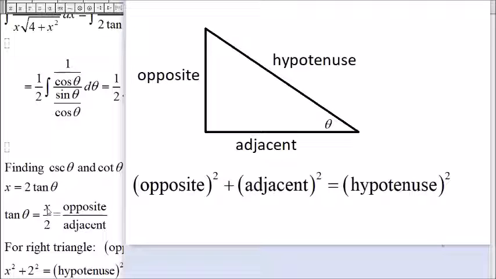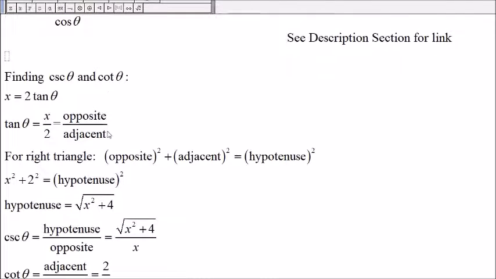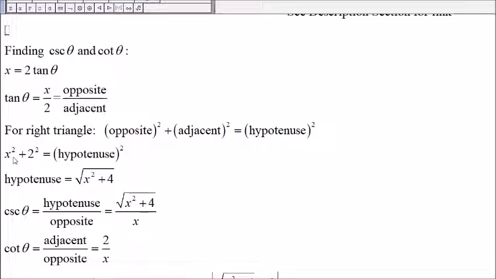The opposite side is x, the adjacent side is 2, so we have x squared plus 2 squared is equal to the hypotenuse squared. So x squared plus 4, and then taking the square root of both sides, we get the hypotenuse to be the square root of x squared plus 4.